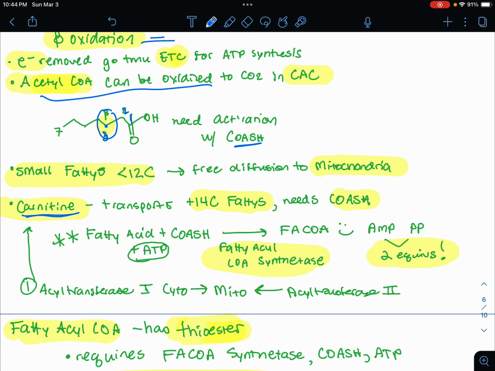You need the activation to a fatty acyl-CoA. So you need to make this fatty acyl-CoA, and therefore you need CoASH in this reaction. You also need ATP because fatty acyl-CoA synthetase is a synthetase, and that requires ATP. So what will happen is you have this carnitine acyltransferase 1, and that's going to be from the cytosol to the mitochondria.